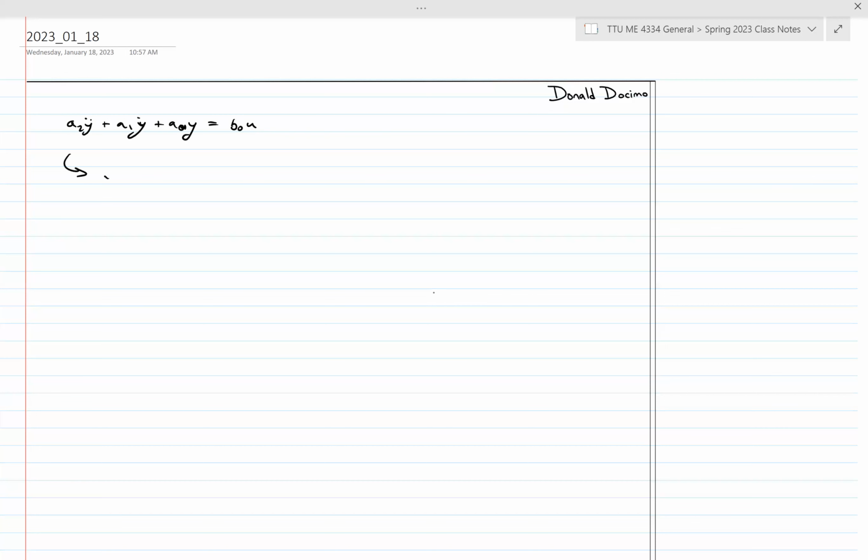Which we got last time to be the inverse Laplace transform of B0 over A2 s squared plus A1 s plus A0 times u of s, right? And then we also had our other terms with the initial conditions, which we're not going to worry about for today, or at least not at the beginning here.